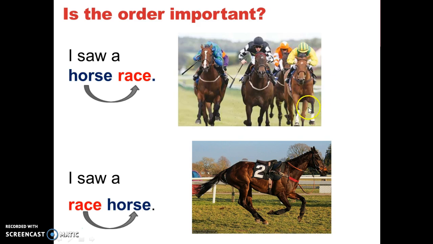In other words, the horses are racing. But here, I saw a race horse. I saw a horse. What kind of a horse? A horse that races. A race horse. So here, order is important. We know there's a difference between a horse race and a race horse.